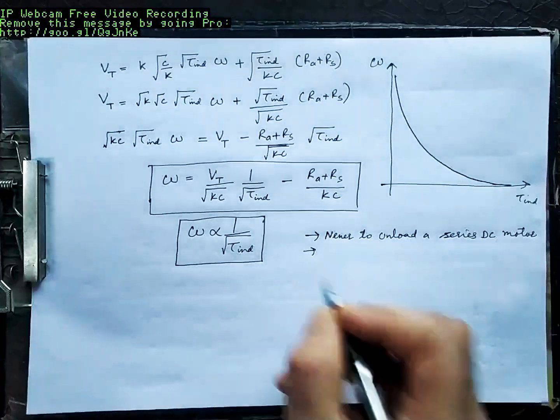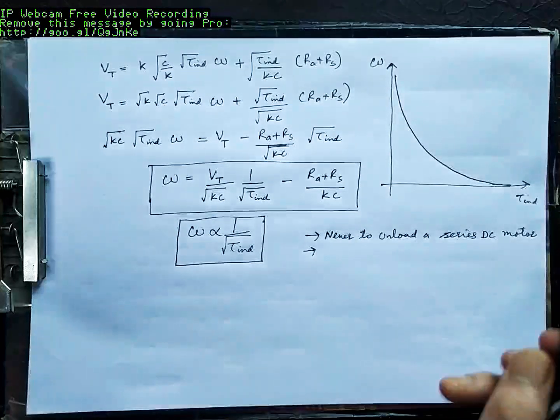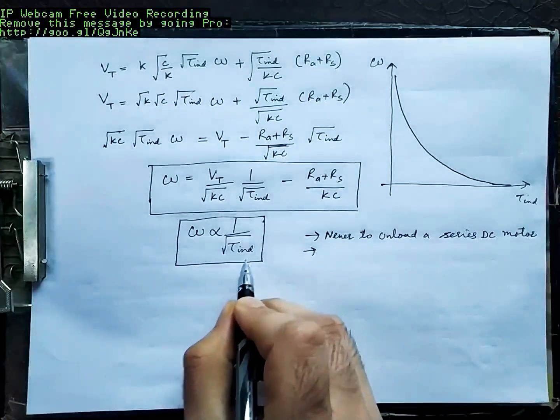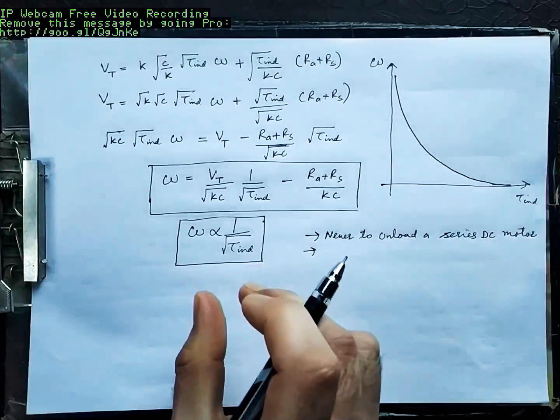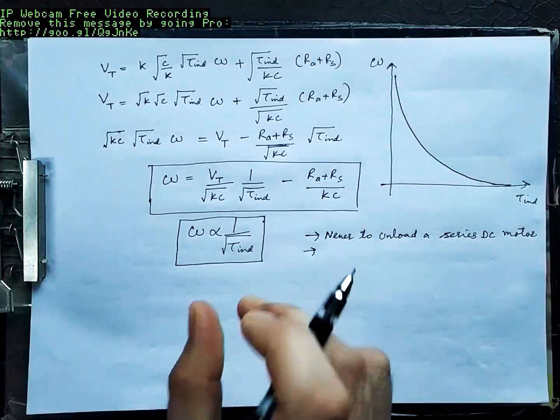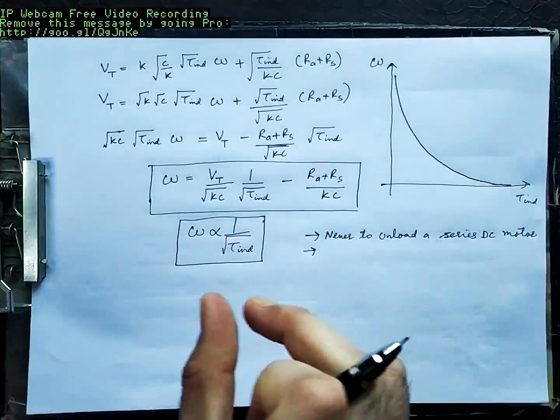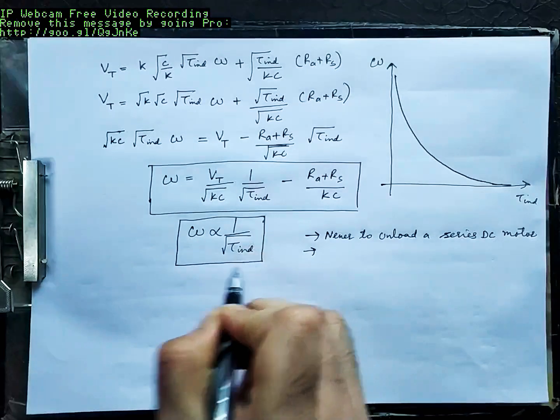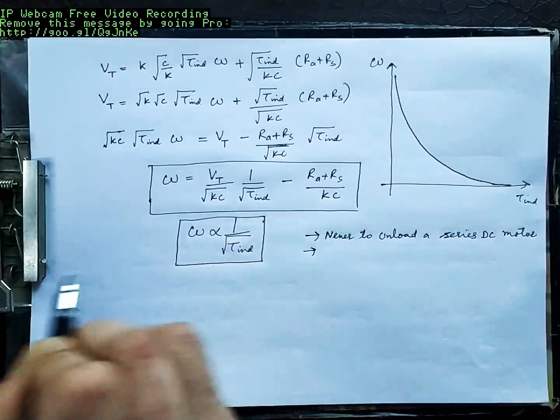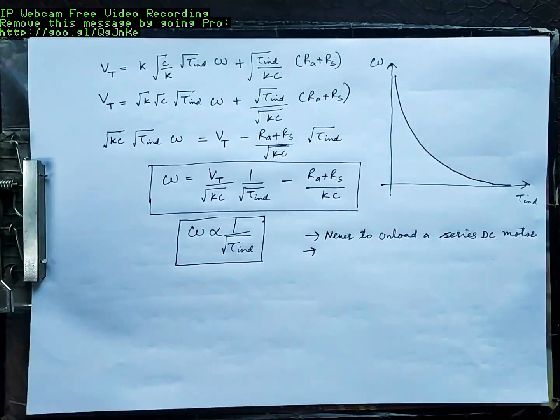Because if you unload a series DC motor, the induced torque will be a very small value equal to the frictional and windage torques. When induced torque is a very small value, omega will be very large, and this motor will run at a very large speed and can damage itself.